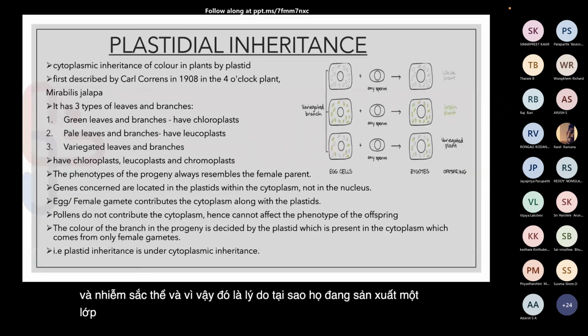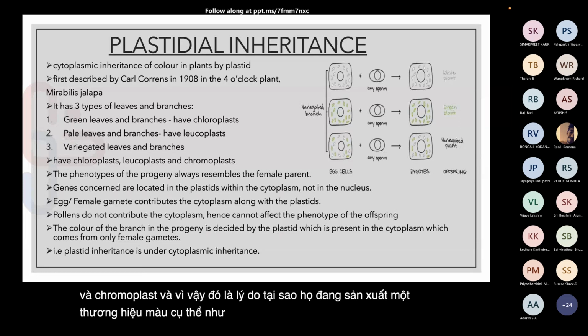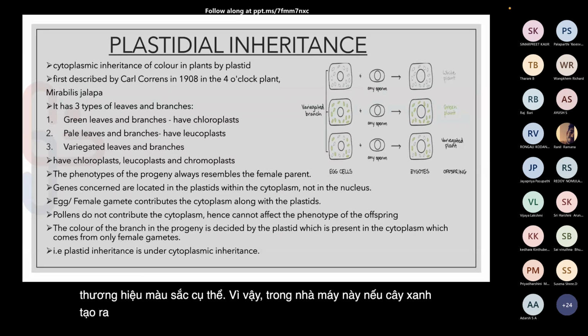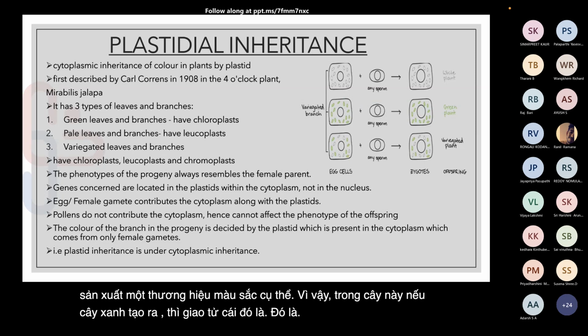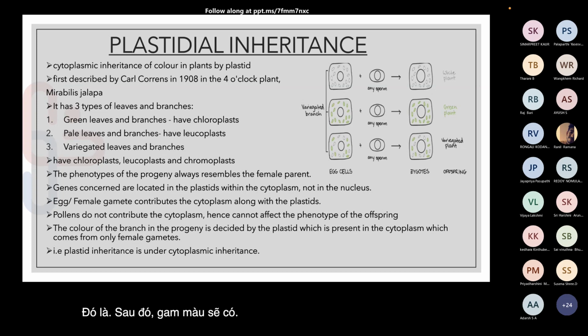In this plant, if the green branch produces an egg, the female gamete will have nuclear material, and in its cytoplasm there will be chloroplast.